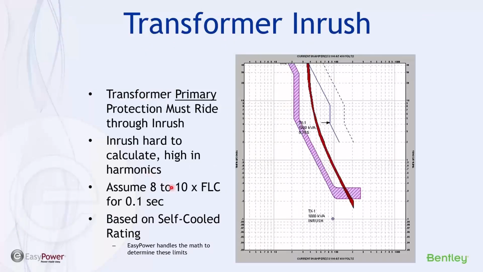Now just a real quick rehash of the inrush. When we're considering primary protection, whatever we have, whether it's a breaker or a fuse, we need to stay to the right of the inrush plot. So here we have roughly 8 to 10 times full load current for 1/10 of a second, and this will be based on the self-cooled rating.